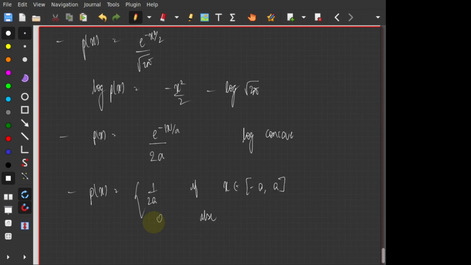We'll define log 0 to be minus infinity. Yeah, this is also log concave.